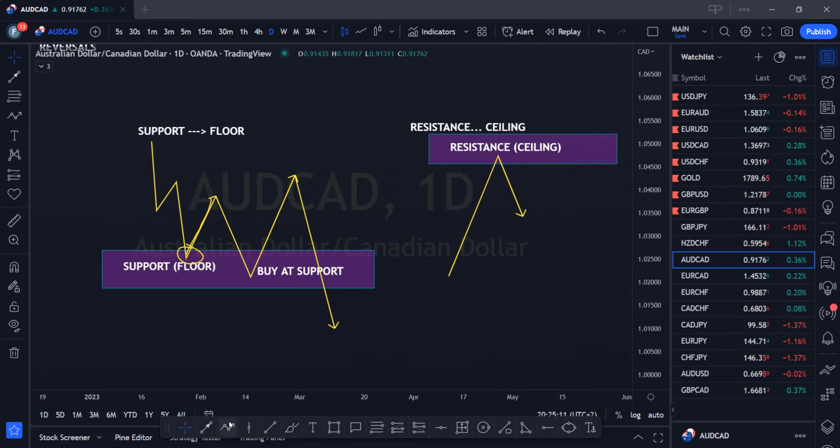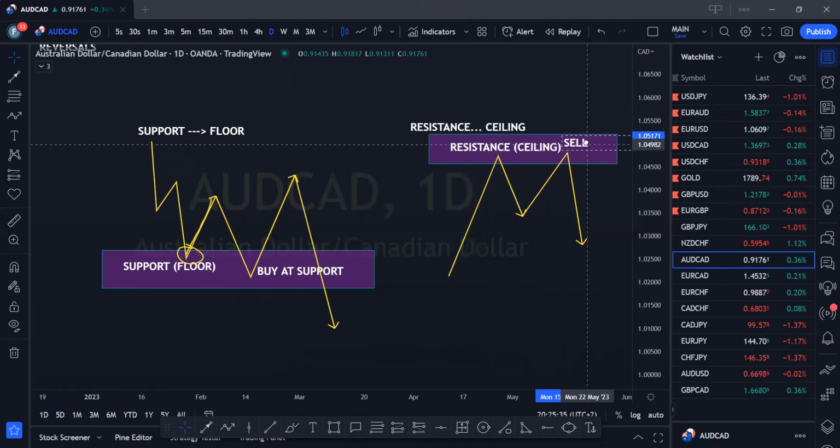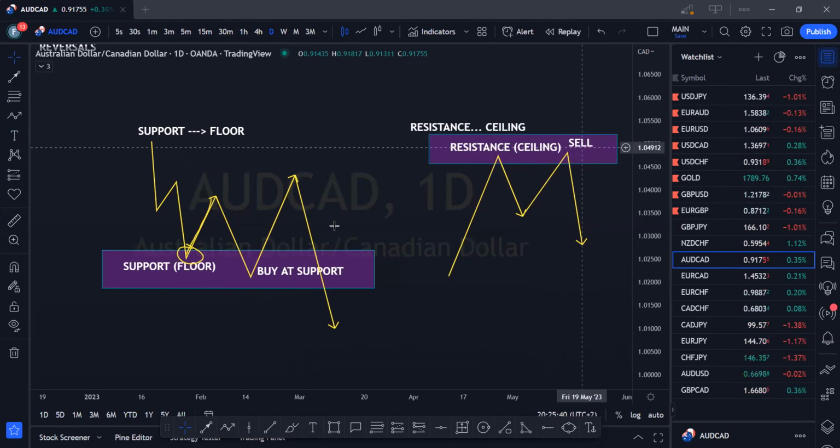So whenever price comes back into the zone, we are possibly going to be looking for a reversal, for a sell. So that's why we buy at support and then we sell at resistance. In a resistance zone, you are looking to sell, and in a support zone, you are looking to buy.